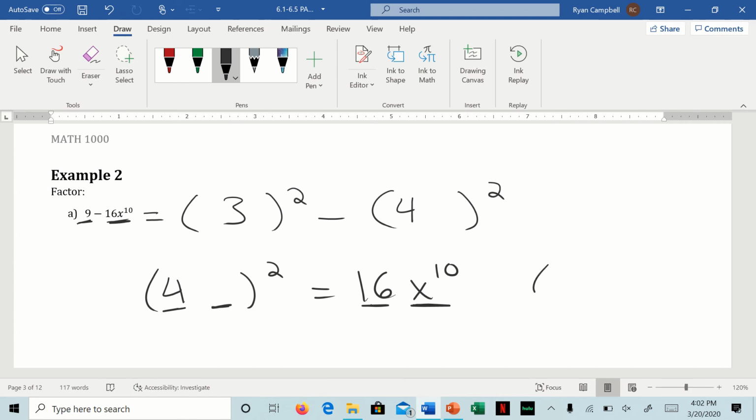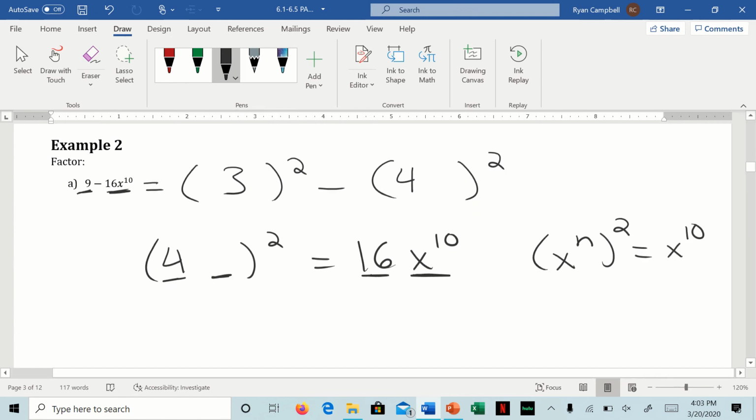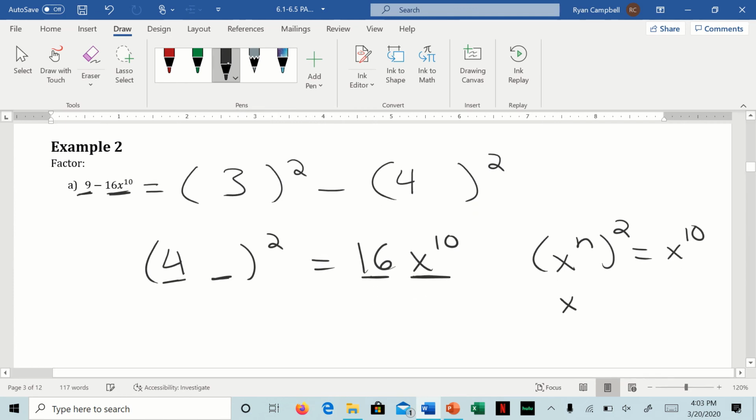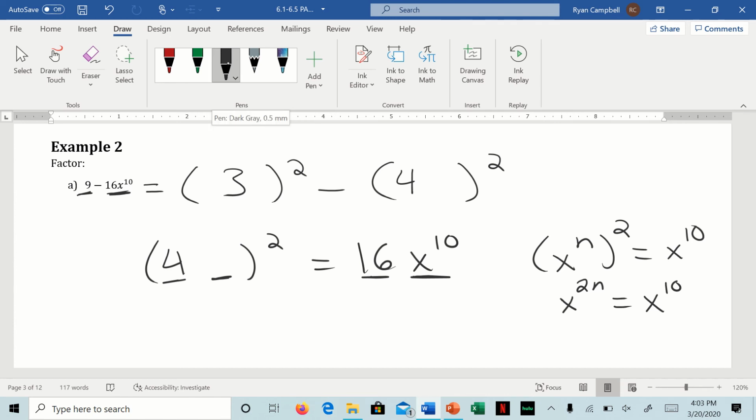Well, if you remember, if you have a power raised to a power, what do you end up doing with those two numbers? What does the law tell us for that exponent? So remember, we're going to multiply those two numbers. So basically, what times 2 gets you 10? 5.